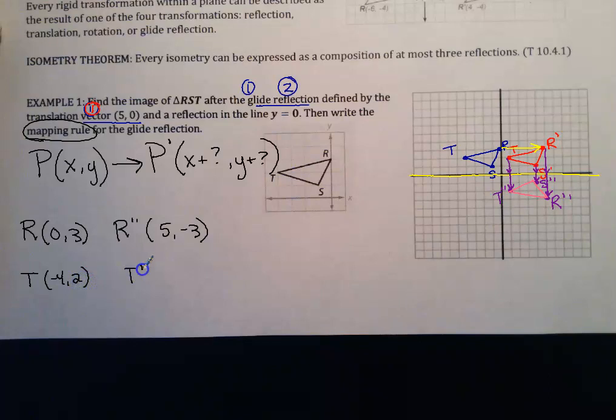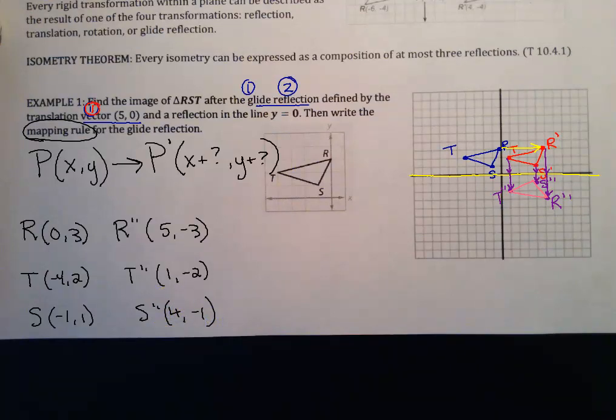And what are the coordinates of T double prime? 1, -2. All right, and S, since I didn't go in order. -1, 1. And S double prime. 1, -1. Or no, sorry. 4, -1.